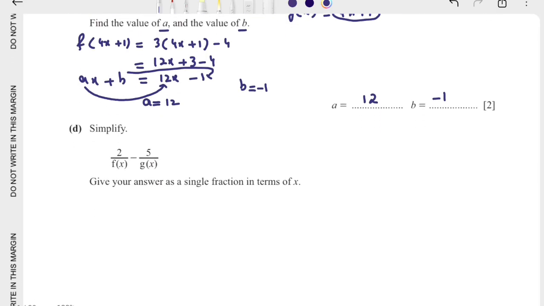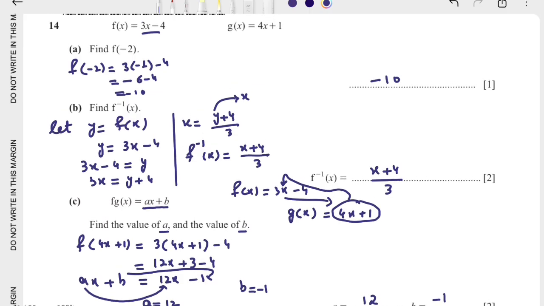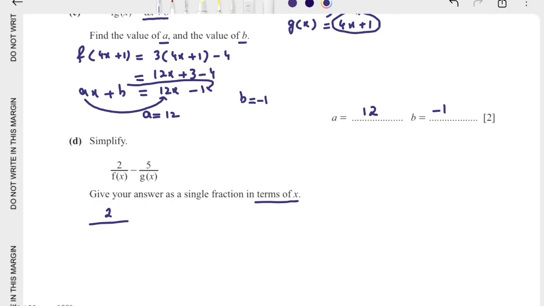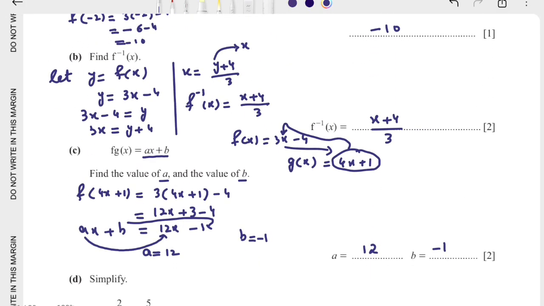Now D part, simplify 2 upon f of x minus 5 upon g of x. Give your answer as a single fraction in its simplest form. Now 2 divided by f of x, which is 3x minus 4, minus 5, and g of x is 4x plus 1.